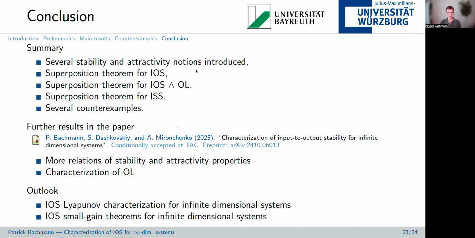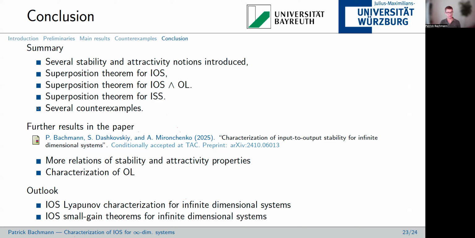We gave a superposition theorem for iOS. We gave a superposition theorem also for the combined iOS and output-Lagrange stability. And we also provided a superposition theorem for input to state stability. Furthermore, we gave several counterexamples which distinguished these notions.